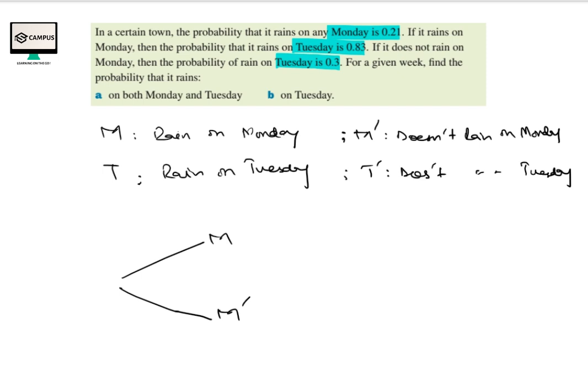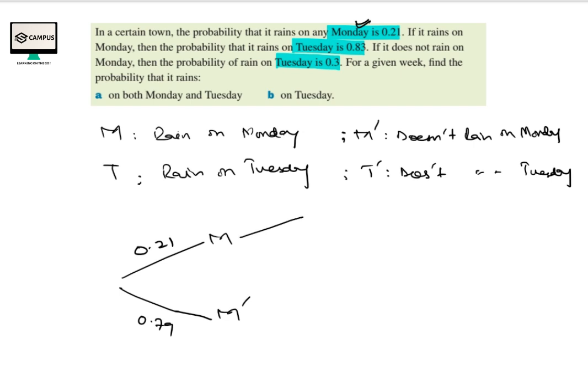All right. So we know the probability of raining on Monday is 0.21. And since that's the complementary event, it does not rain on Monday is nothing but 1 minus 0.21, or 0.79. Afterwards, if it rains on Monday, then the probability that it rains on Tuesday is 0.83.